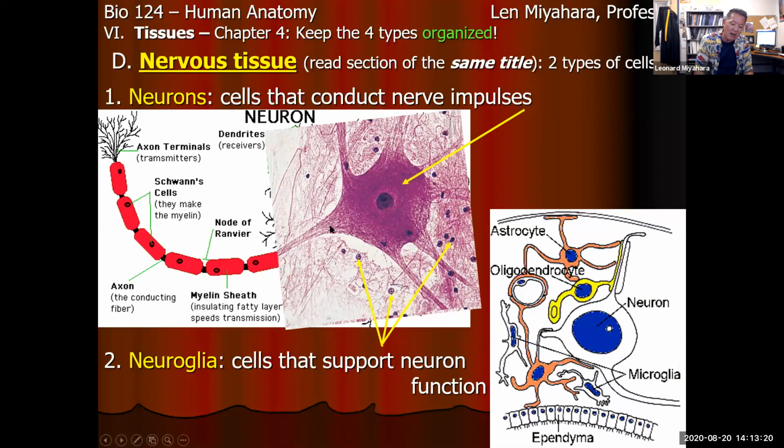If you see a large star-shaped cell, that is a neuron. And the small cells that surround it, those are neuroglia cells. You can just call them neuroglia.